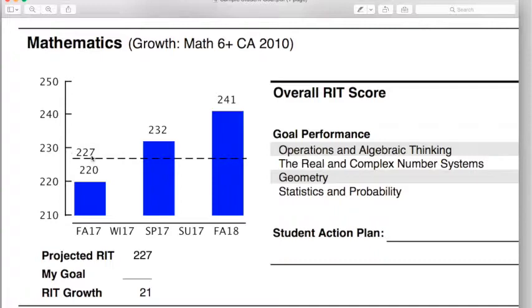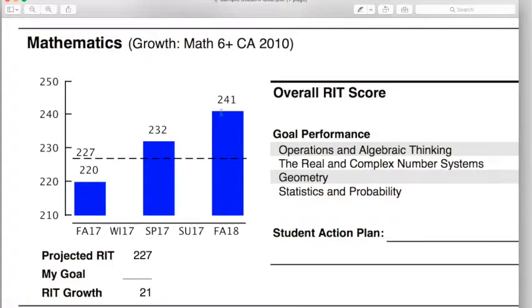And this dashed line, 227, is a goal which MAP sets based on the information it has from the 5 million students taking this similar type of test across the country. So from fall 2016, the goal would have been by 2017 to have reached this goal.